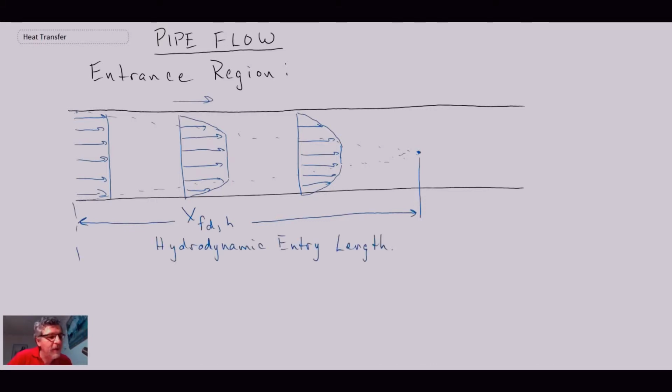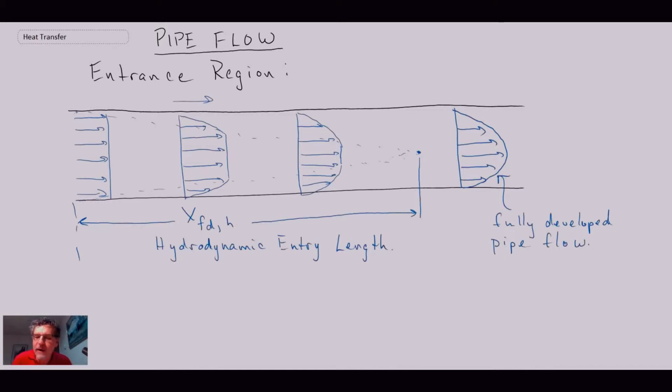Downstream of that point, the velocity profile is what we would call fully developed pipe flow. The exact profile depends on whether the flow is laminar or turbulent, but for right now we'll just assume that it's fully developed.